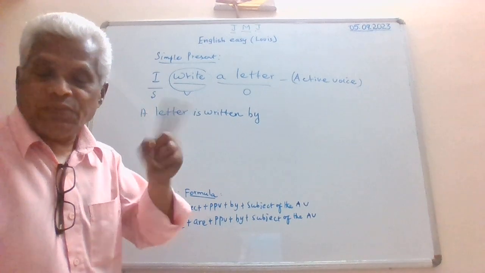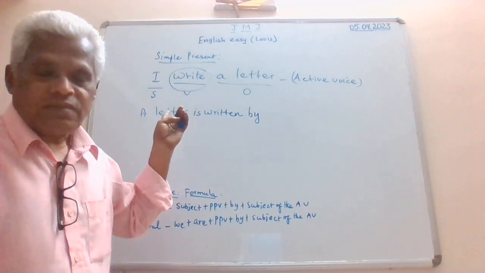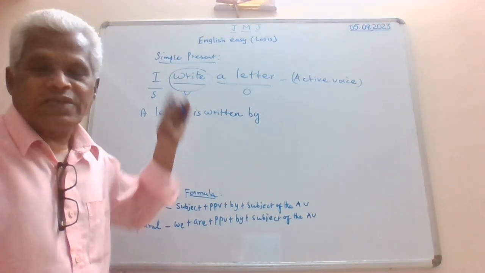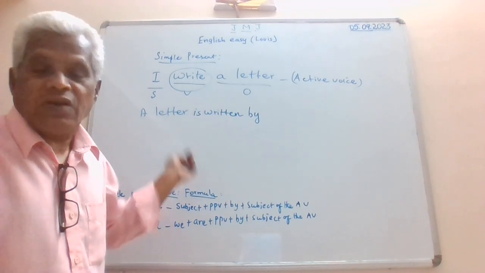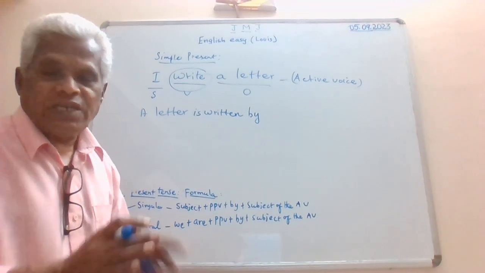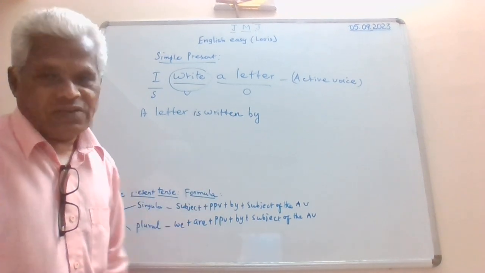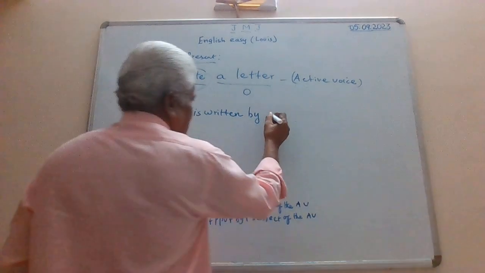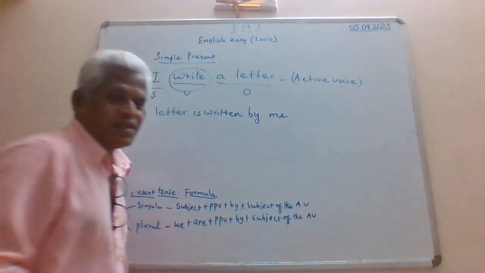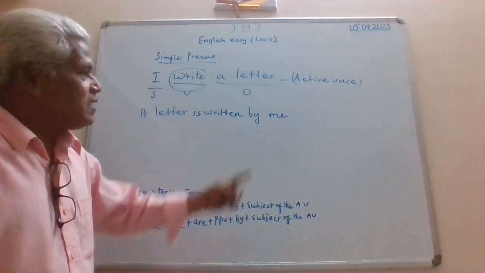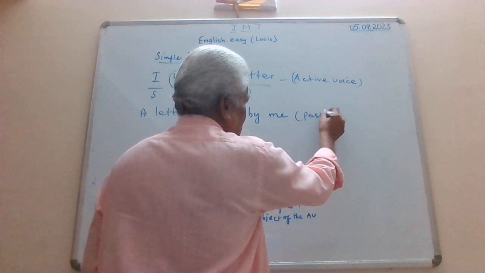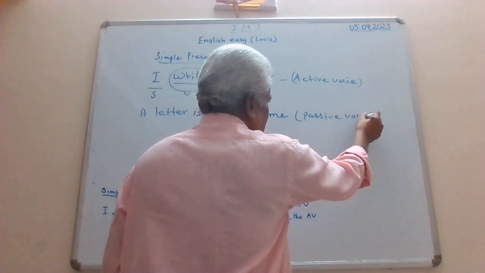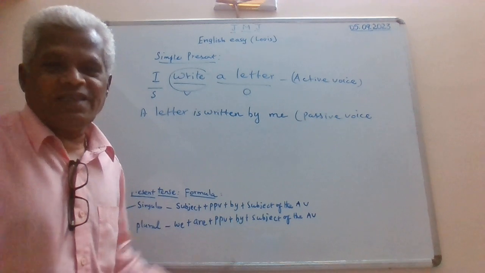That's why I said in my previous video, if you remember, the subjective pronoun becomes the objective pronoun without changing the format. So I becomes me. This is the passive voice.